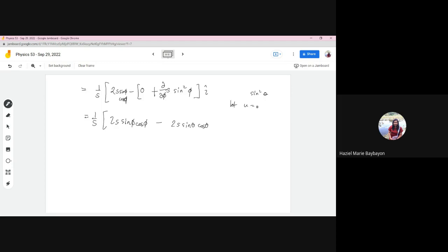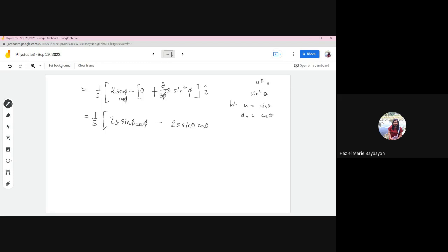Let u be equal to sine theta. So du is equal to, so naay derivative sa sine class, cosine. So you have u squared.